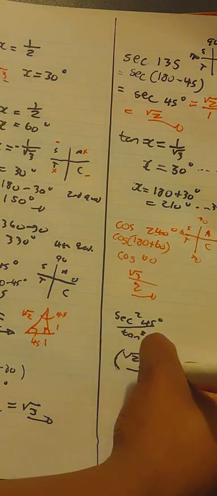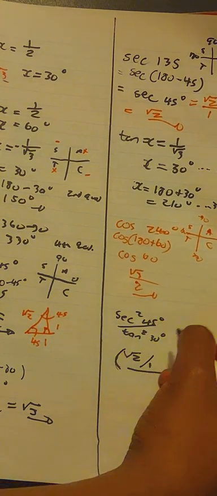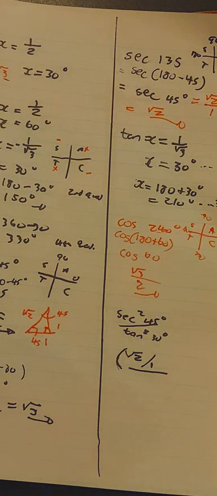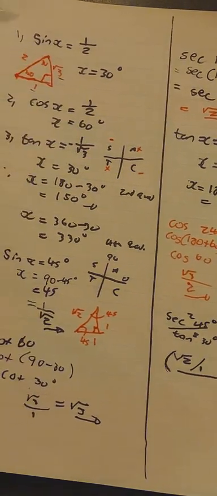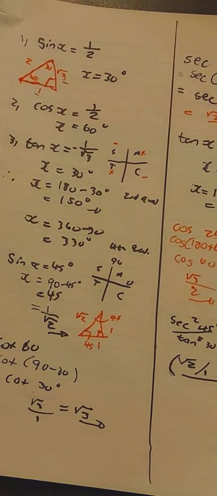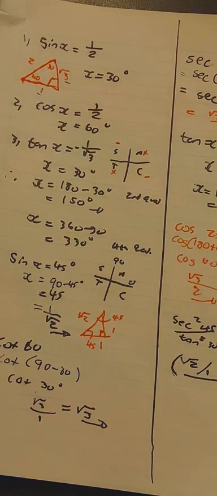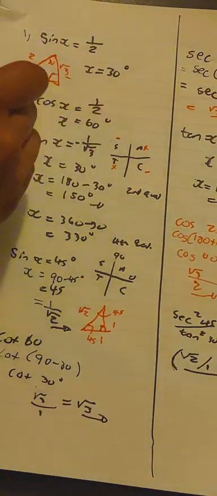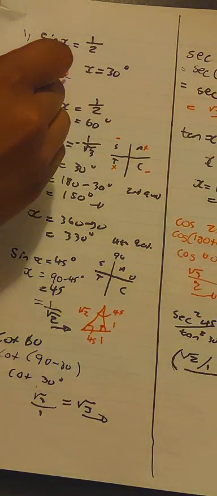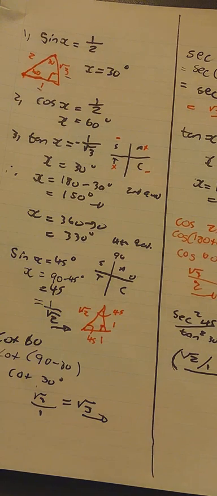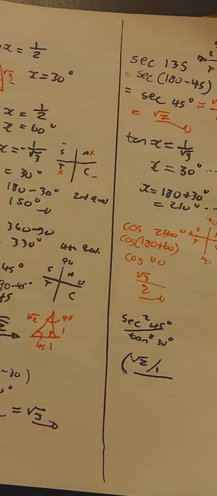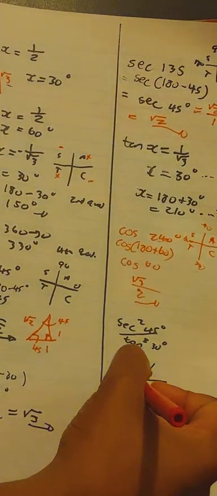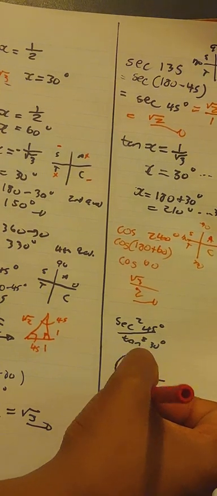Then over tan squared 30. Tangent is opposite over adjacent. Opposite is 1 over adjacent, which is square root of 3. So it's going to be 1 over square root of 3.